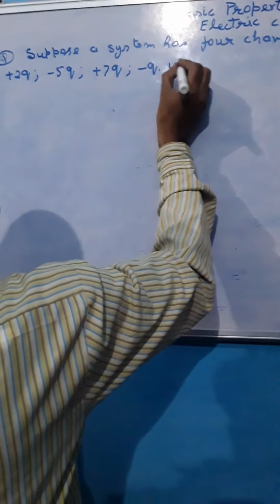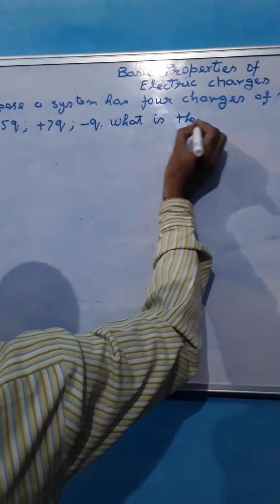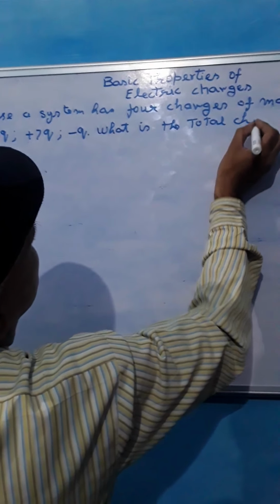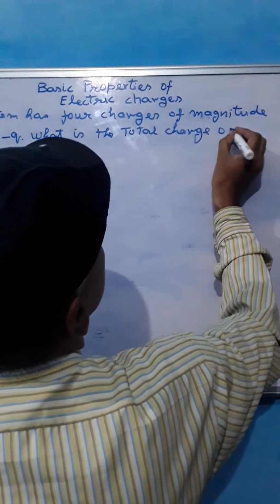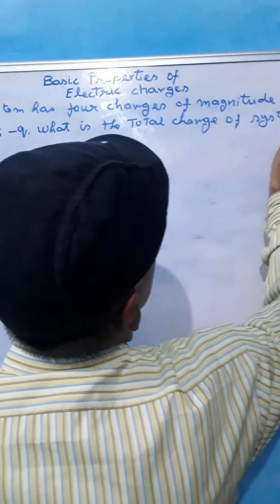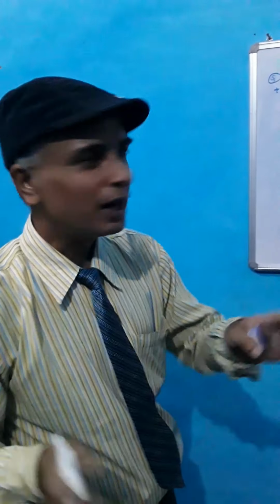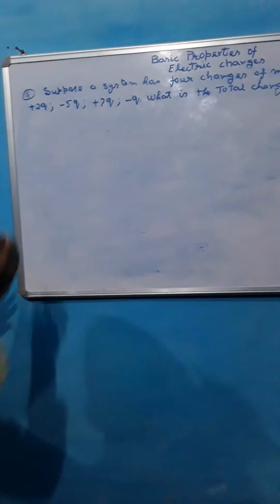What is the total charge of the system? So here we have to apply once again the additivity of electric charges, which states that these electric charges can be added algebraically. Let us see how we can do that.